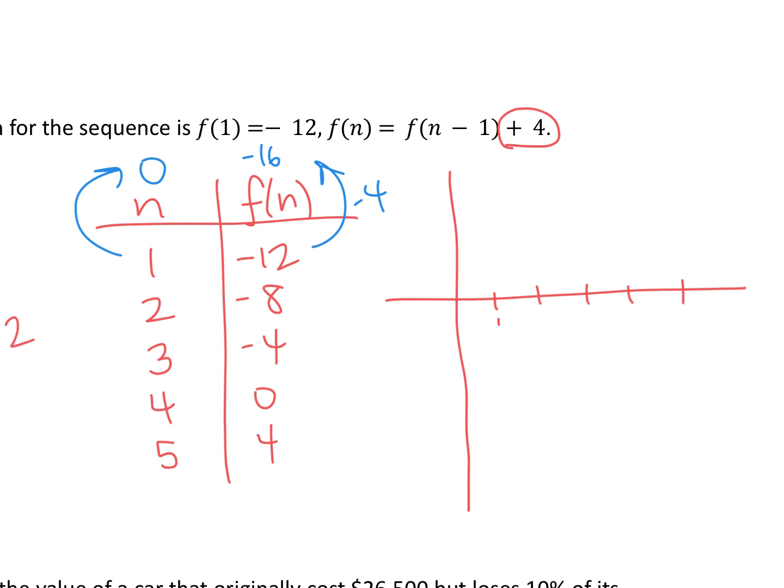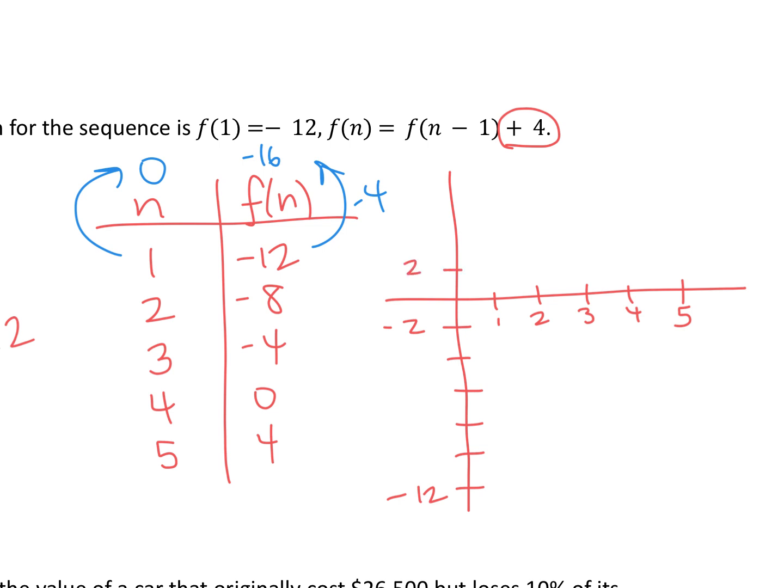And for y, I'm going to go by 2s, I think. 2, because I have to get all the way down to negative 12: negative 2, negative 4, negative 6, negative 8, negative 10, and negative 12. So that's going by 2s. And up here, I'm going to go by 2s as well.